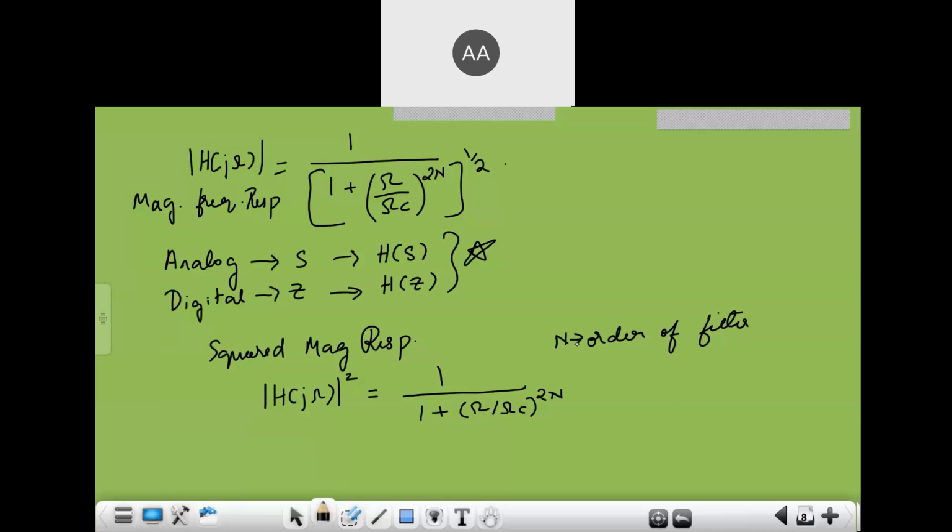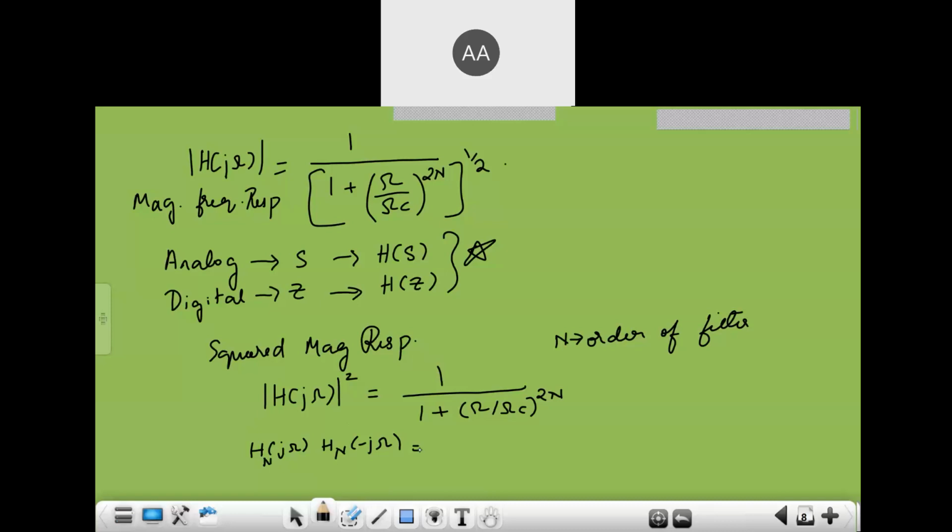So suppose I can split this magnitude term into its equivalent positive term and negative term. So H of j omega, I'll write a subscript n here, saying that is the nth order response, and Hn of minus j omega, I'll write it this way. It is possible for me to write it like this.